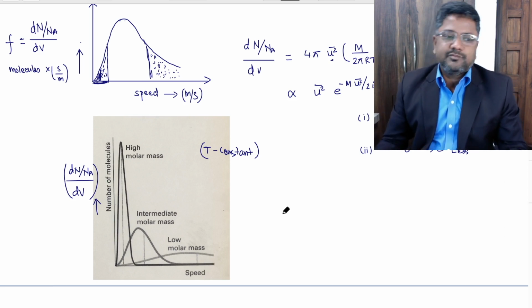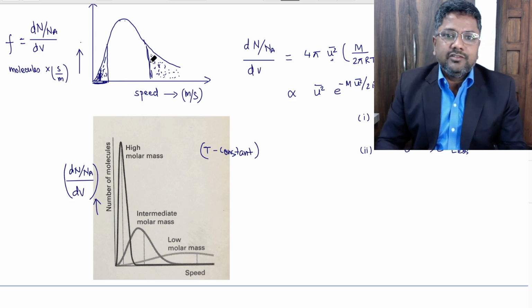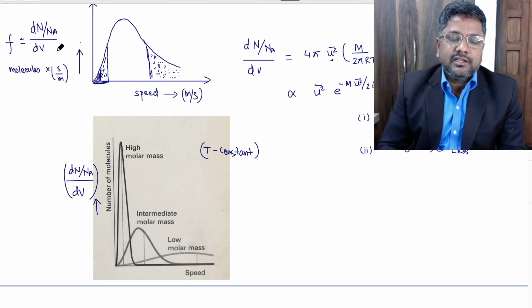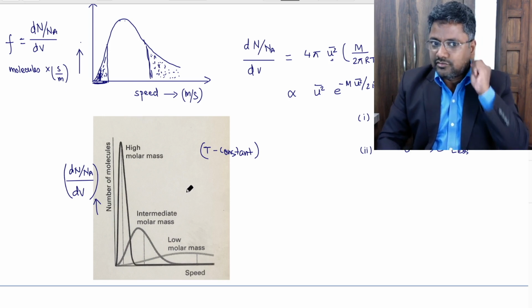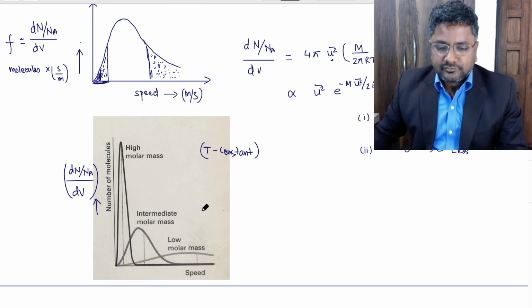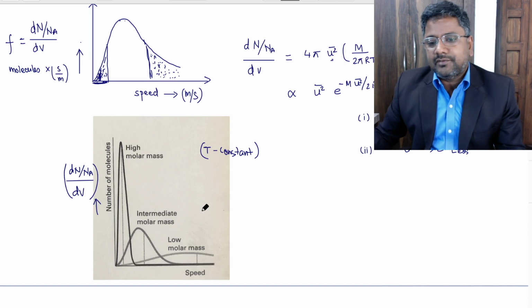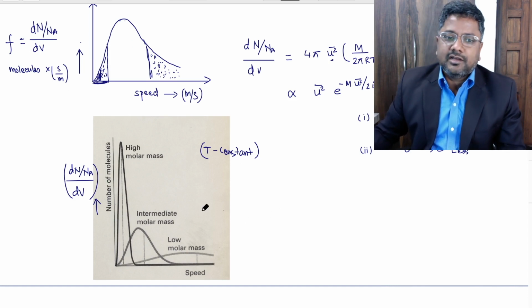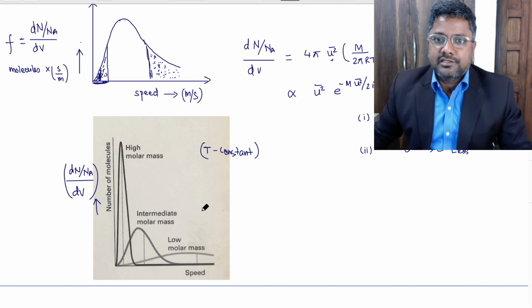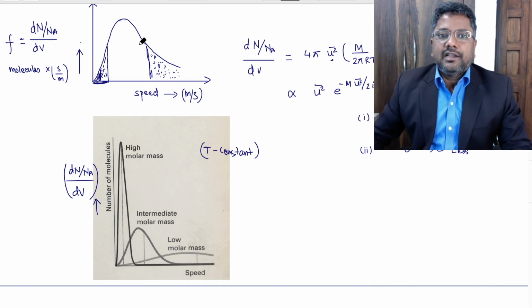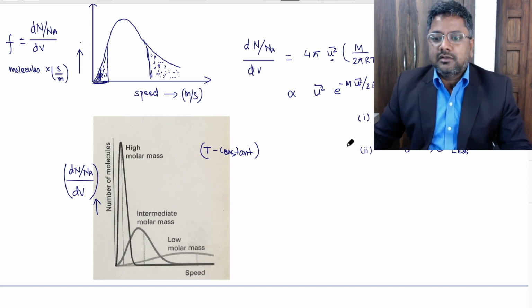In place of speed you can write energy, and then you have to write dN by Na by dE, per unit energy. The similar graph and similar interpretation apply for that also. Okay, so this is a very important point, and this is the Maxwell energy distribution law.